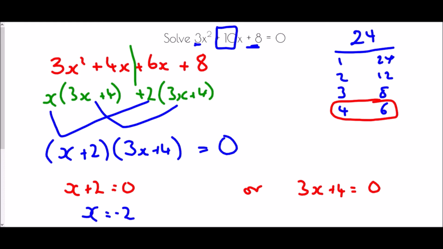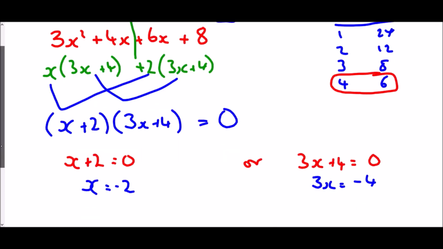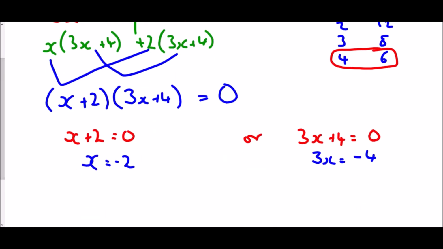That's exactly the same as before. We've taken the negative version of what's in the bracket. But for the 3x plus 4, I would have to do 3x first by subtracting 4, and then I would need to divide by 3. And so x would equal negative 4 over 3. Those are our two solutions.